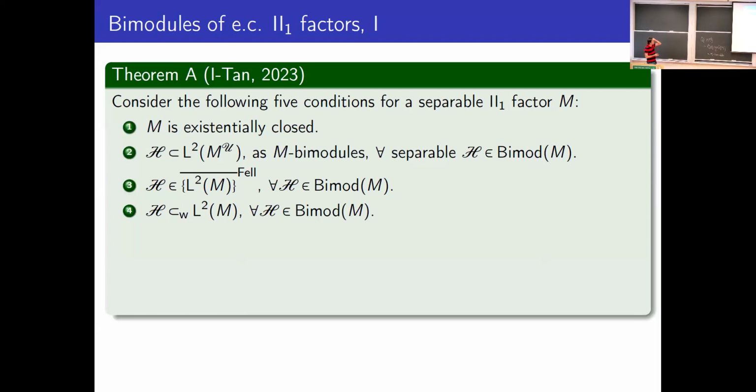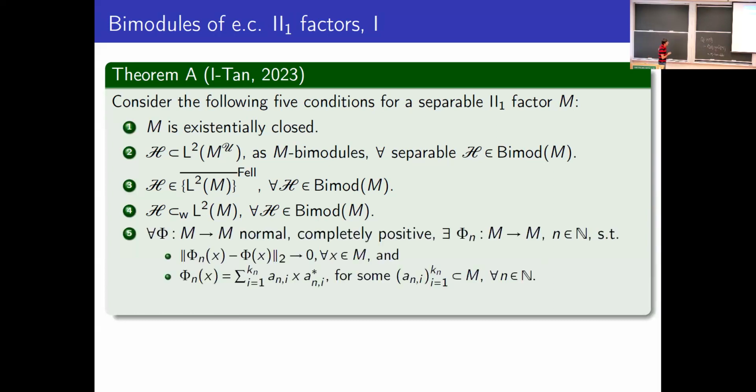Okay, and already from remarks that I made earlier, you know that 3 implies 4. And finally, there's a fifth condition that's not in terms of bimodules, but in terms of normal completely positive maps. If phi is any normal completely positive map on M, then there is a sequence phi_n of normal completely positive maps such that phi_n converges to phi pointwise in the 2-norm, so the 2-norm of phi_n(x) minus phi(x) goes to 0.